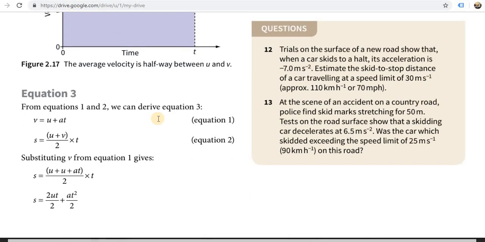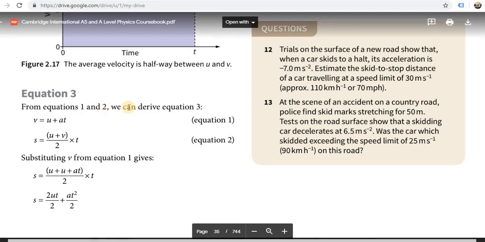Then the third equation you can get by substitution. From equations 1 and 2, we can derive equation 3. The first equation was this, the second equation was this. Substitute this in over here. So v is equal to u plus at. Substitute for v, u plus at. Then what you will get is 2u plus at, times t divided by 2.